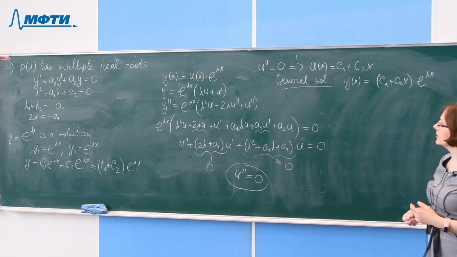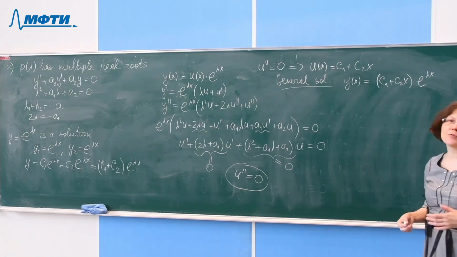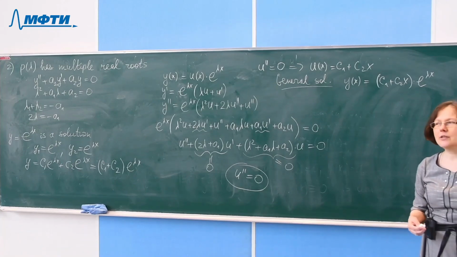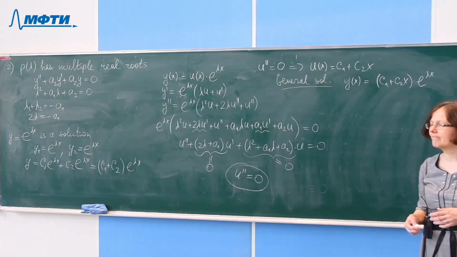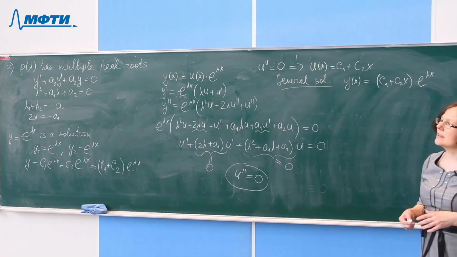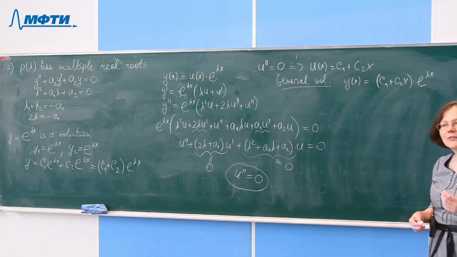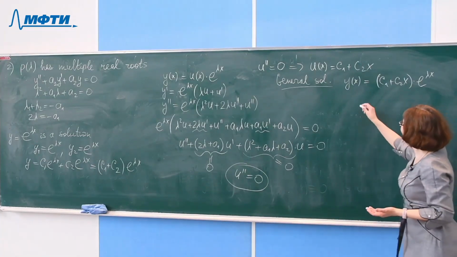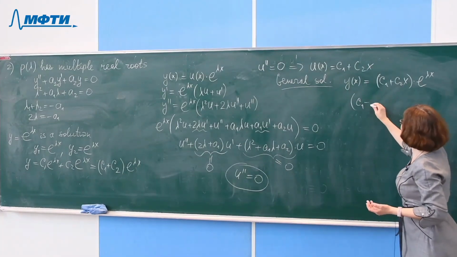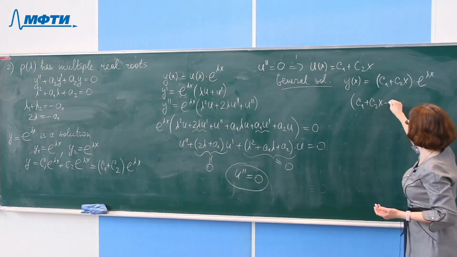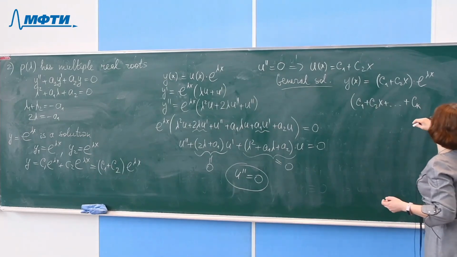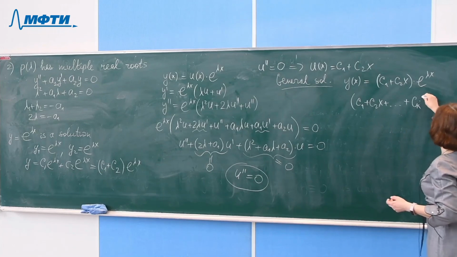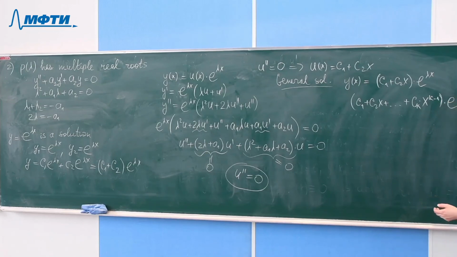But if we have a differential equation of an arbitrary order, and if we have a root which has multiplicity k, for the root of multiplicity k we should write the following linear combination: c1 plus c2 x plus and so on plus ck times x to the power k minus 1 times e to the lambda x.